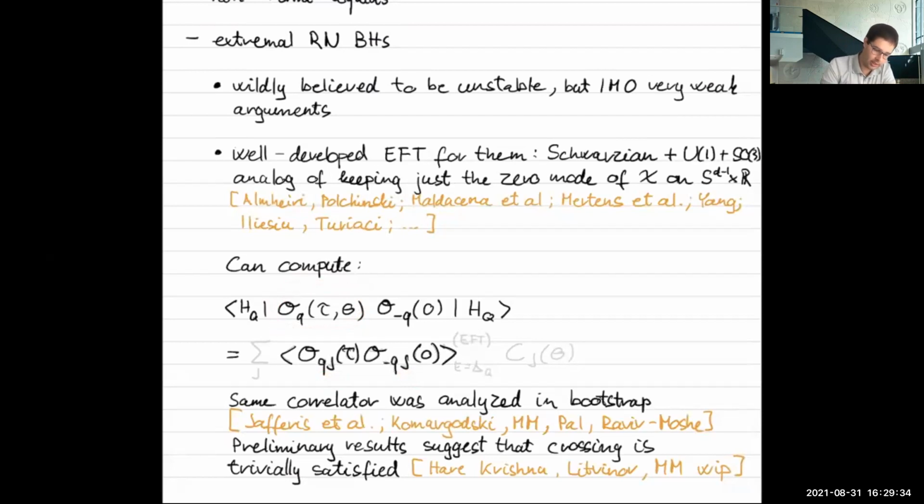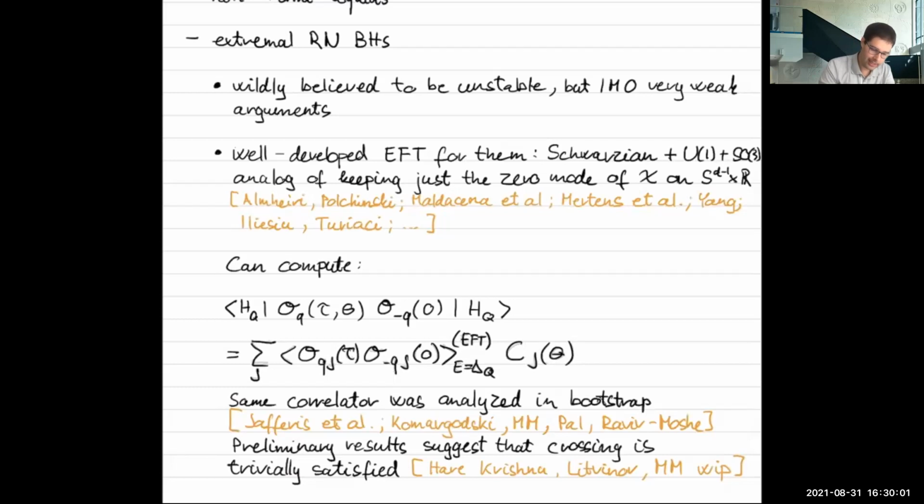So this is the output, and then we can reconstruct a 4-point function from this by summing over, so this is obtained in, let's say, some microcanonical window for the heavy states. This is the EFT answer, and we can get the full approximate CFT 4-point function by simply multiplying by Gegenbauer polynomials and summing over all spins.